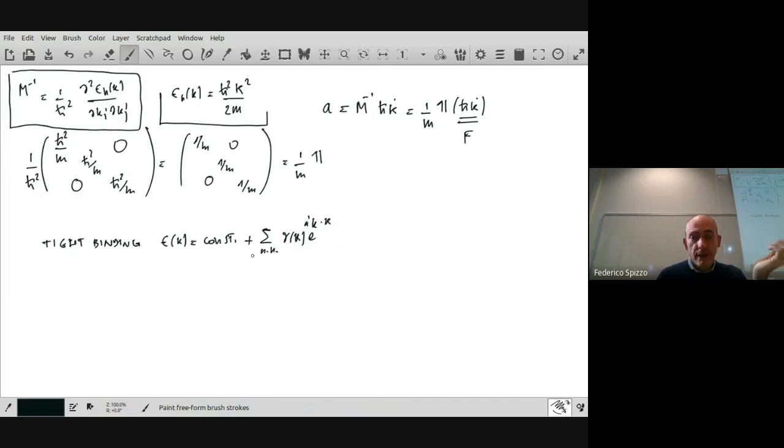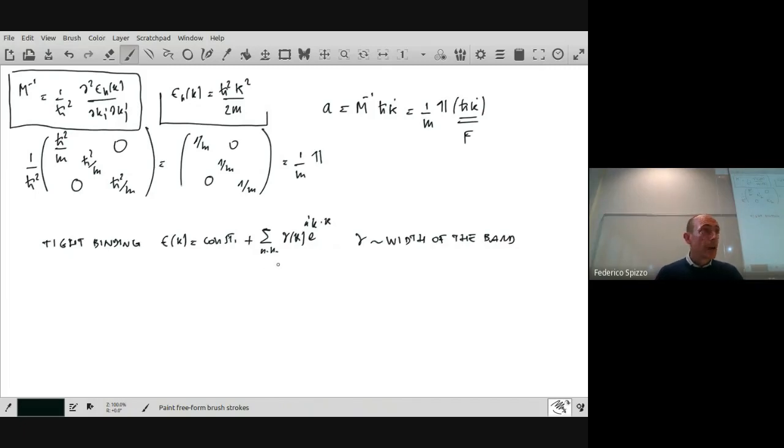Gamma, as we saw in the calculation, gives us an idea of the width of the band. So if gamma is 0, no dispersion of the energy. All the energies are the same. If gamma is very large, then you have a huge variation of the energy between the minimum of the band and the maximum of the band. So gamma affects the width of the band.